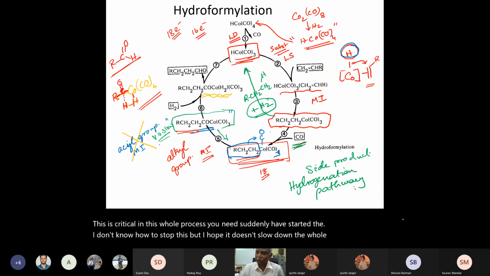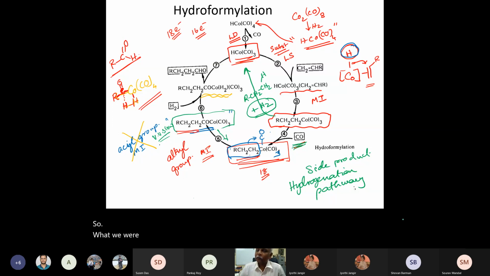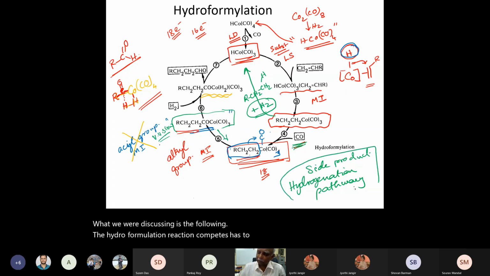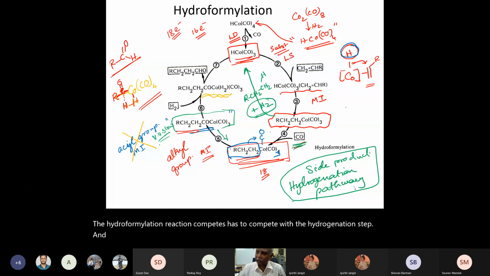Okay. So what we were discussing is the following. The hydroformylation reaction has to compete with the hydrogenation step. And the pressure of carbon monoxide is critical.